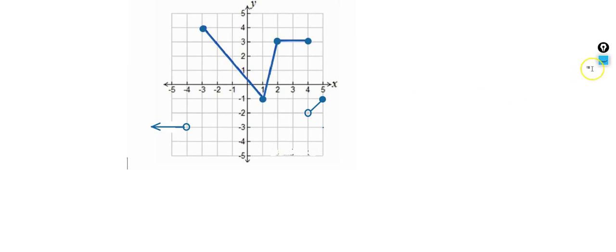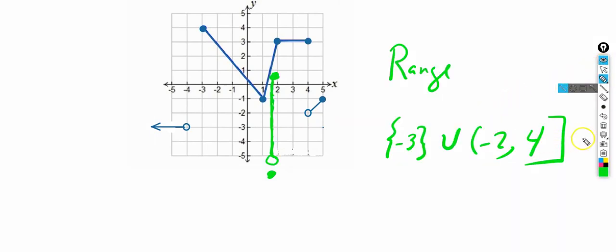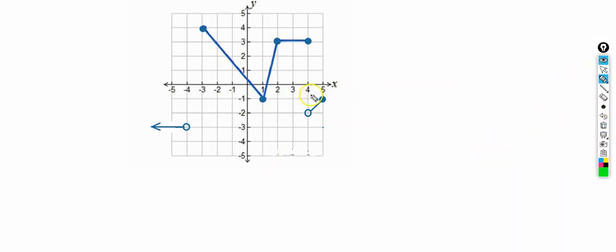Okay, if I change this one, how would I change this one? I'm not sure how I would change it. Okay, let's, okay, so just making a little change.